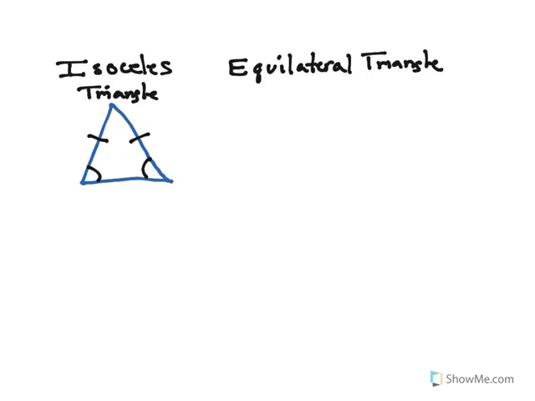So equilateral means that all sides of this triangle would be equal, and we denote that with a line going through it. And it also means that each angle is 60 because all sides are going to be forming those angles equally. All right. One more, and then we're finished.